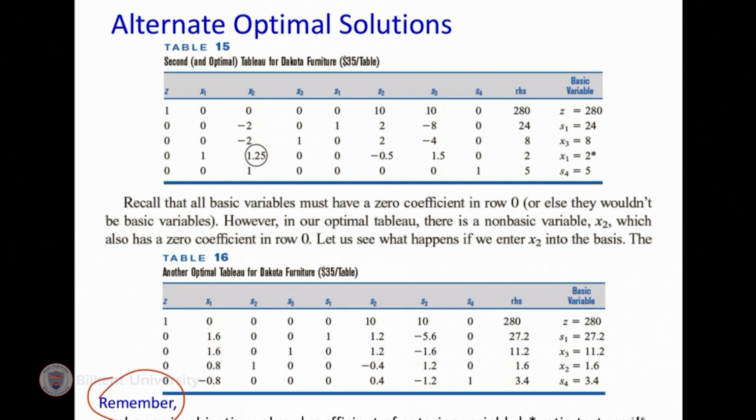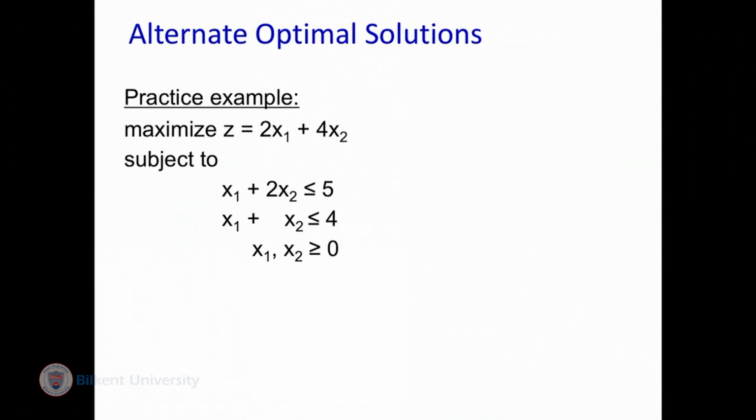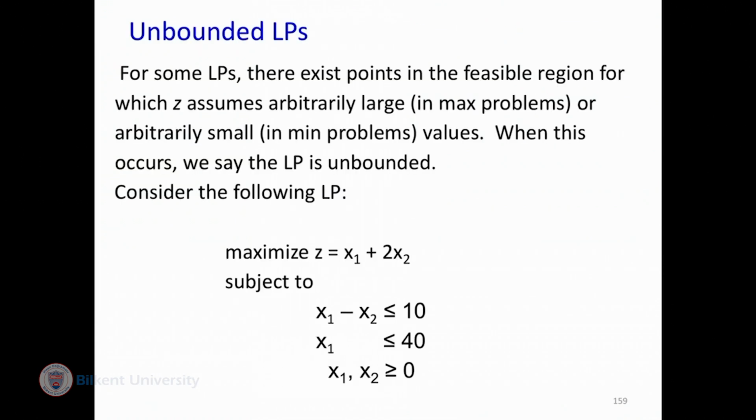So if I have an entering variable which will improve my objective, and my ratio test tells me that there is no finite bound, so you can make the entering variable any large positive value you like and you won't be leaving the feasible region, that's your cue for unboundedness. Does it make sense? Okay, so that's how we will see unboundedness.